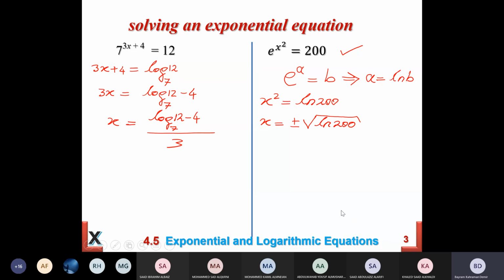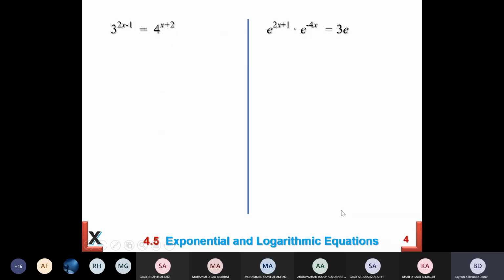Okay, if it is clear, let's go to the next page. And now we have 3 to the power of 2x minus 1 equals 4 to the power of x plus 2. So we have different bases on each side. Well, in this case, we are going to use a logarithm again. Logarithm of both sides.